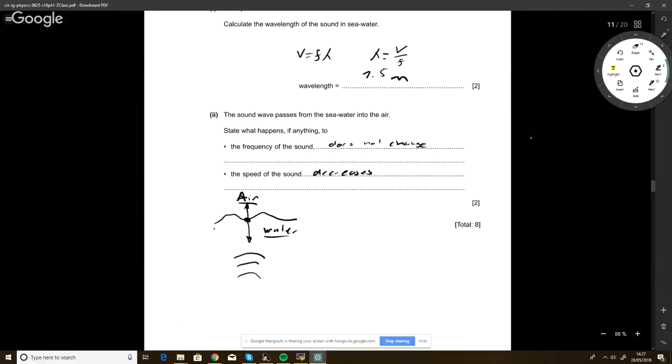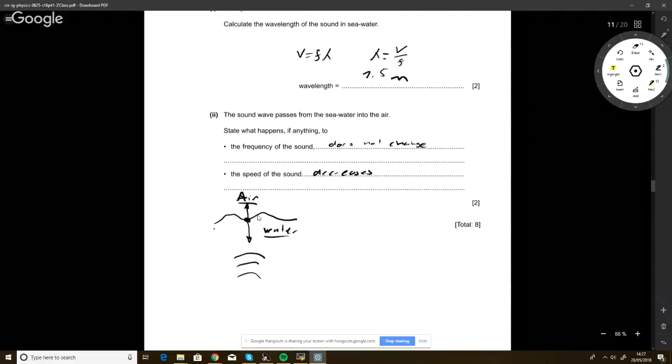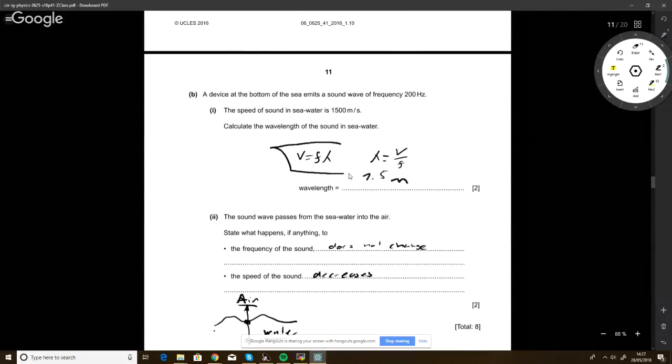However, when we look at the speed of sound, well, we know the speed of sound is slower in air. So that explanation is more to remember why that is the case, but you can quite simply say that the frequency just does not change. It's the wavelength that changes, and the speed of sound changes, when looking at this equation.